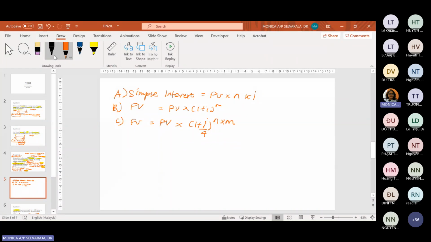M is 4. M is n. So quarterly, m is equal to 4.